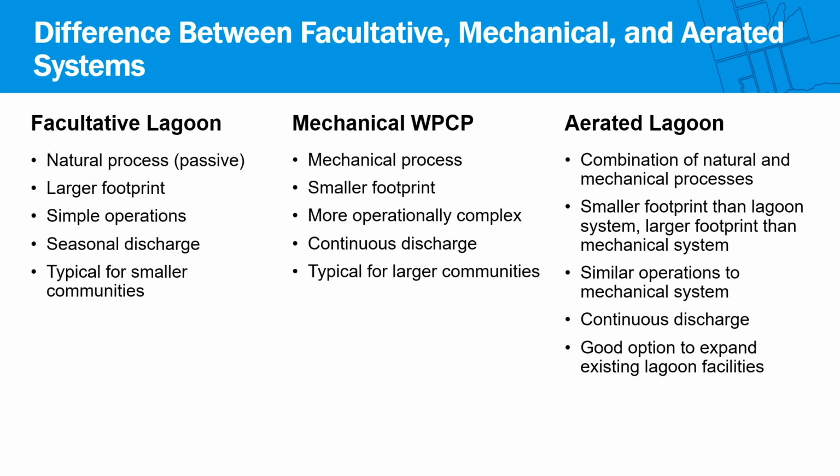Finally, an aerated lagoon system combines the benefits of a lagoon with those of a mechanical plant. Aerated lagoons do not require as much space as facultative lagoons as they use mechanical equipment to accelerate the rate of treatment. Thus, they are a good option to expand the capacity of existing lagoon plants without the need for new lagoons.